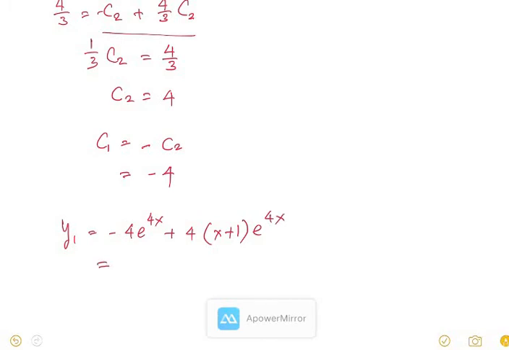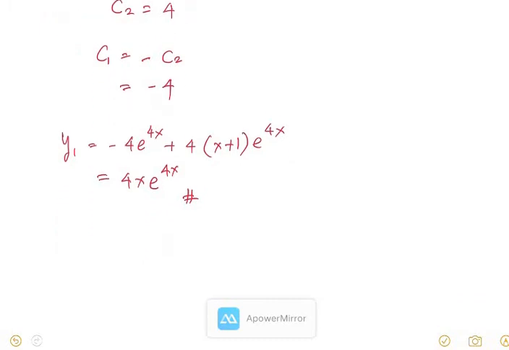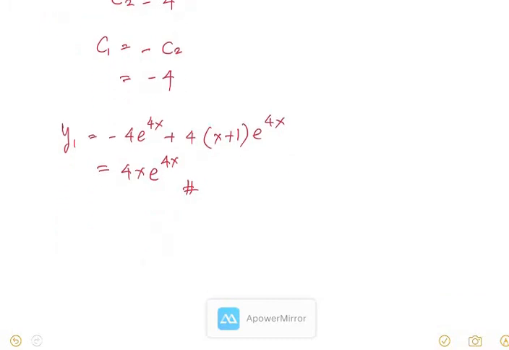This is equivalent to 4x e^4x. For y2, you can just substitute the value of C1 equal to negative 4 and C2 equal to 4. Okay, I substitute in.